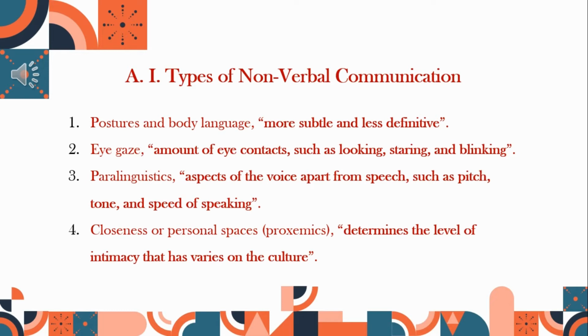For example, in another country, people really need their personal space. If we want to talk with them, we should keep our distance and not get too close. We also should respect their privacy by not asking about things that are really private, such as marriage, age, background, and others.